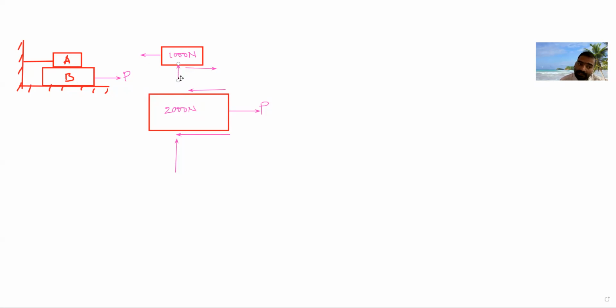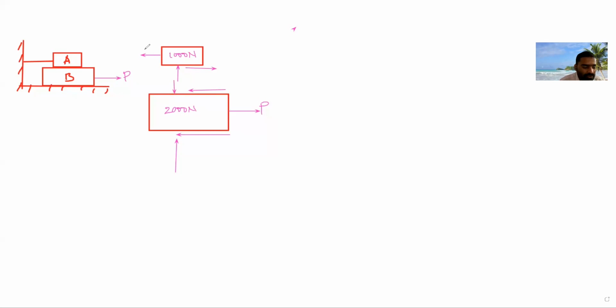I am considering directly the normal reaction which is acting downward. This normal reaction is due to the 1000 Newton weight, and any other loads in the vertical direction also resemble the normal reaction only. For this reason, I have directly taken the value of the normal reaction.